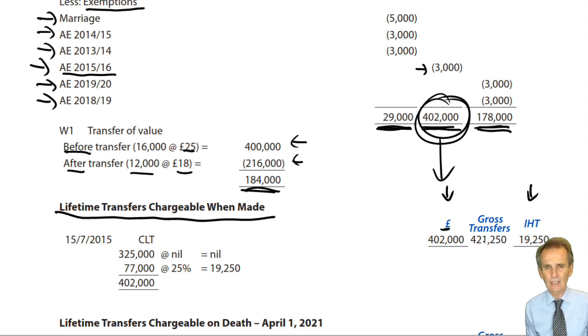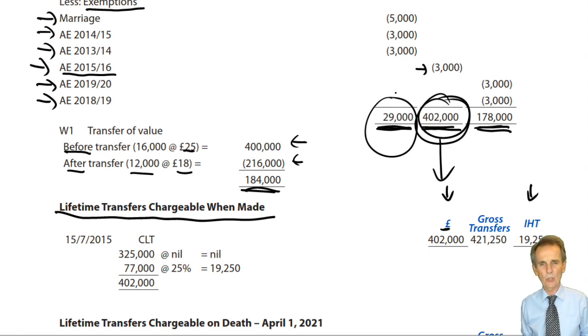For us, of course, it's likely to still be the 325,000 as it is here. It is only the CLTs that are consuming that in lifetime. You don't say, oh, but we had this PET that predated it, that was £29,000. Has that therefore used 29,000 of the nil rate band?